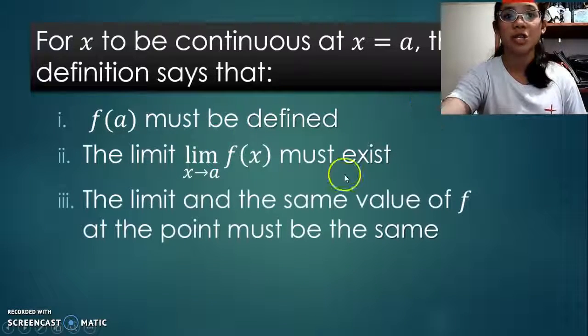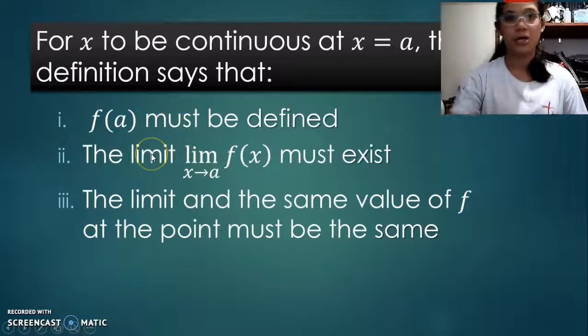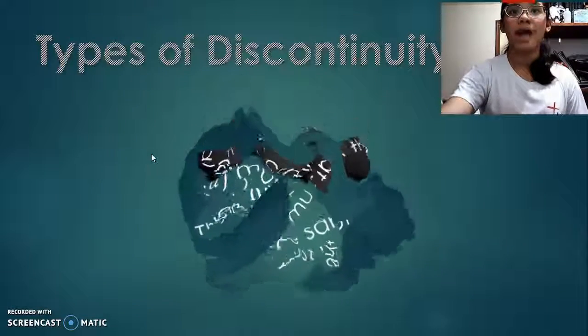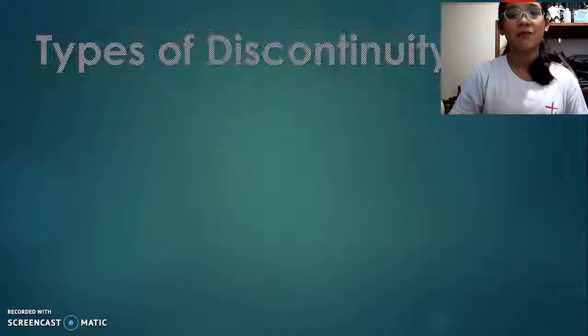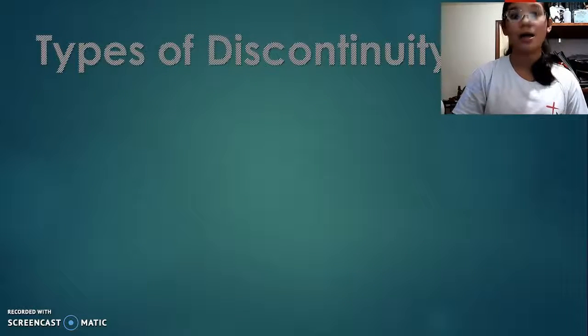The third condition, the existing values of f of a and the limit of f of x where x is approaching a must be equal to each other. If one of these conditions isn't satisfied, we would have a discontinuity.